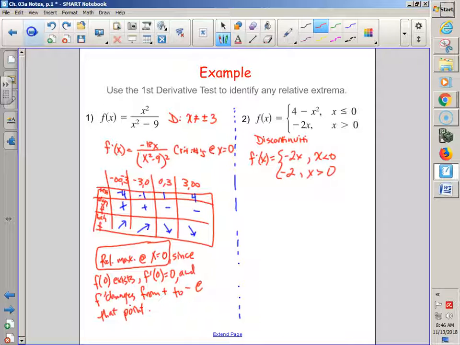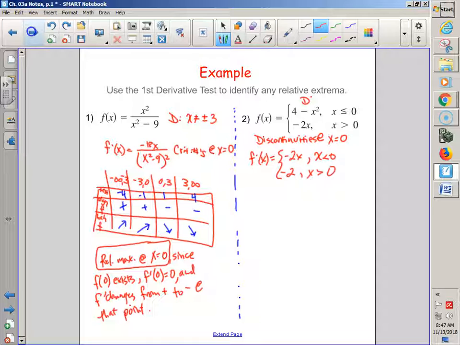Because if a function is not continuous, the function isn't differentiable. So we could check it. Plugging in 0, I get 4. Plugging in 0, I get 0. Does 4 equal 0? Do these two match up? No. So there's a discontinuity at 0.